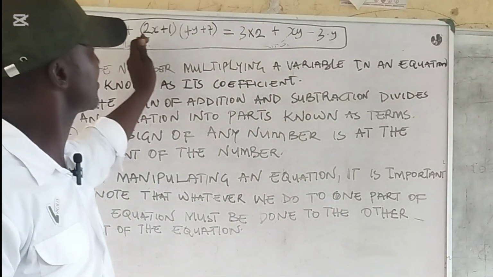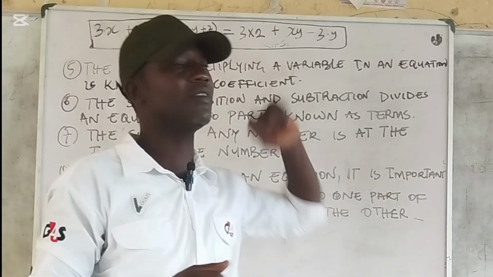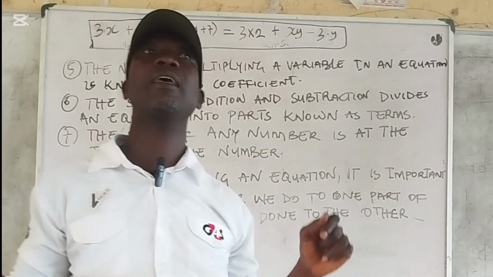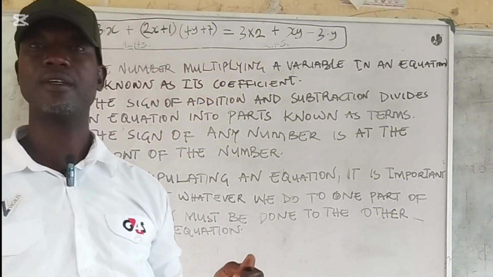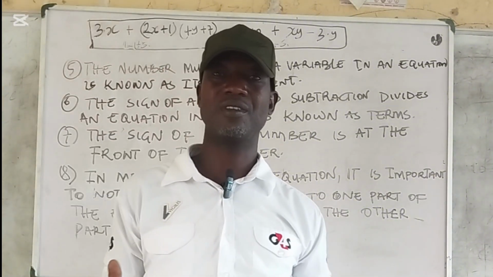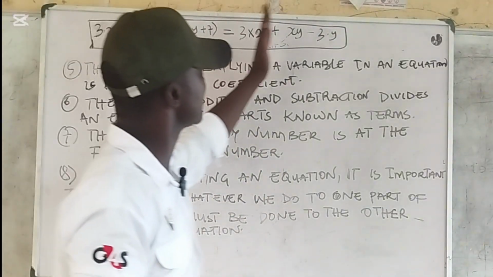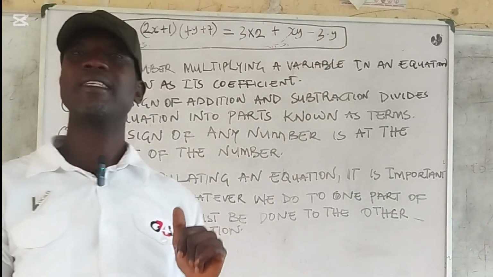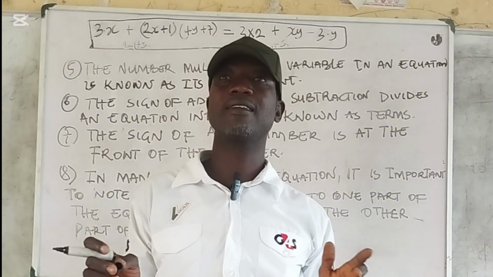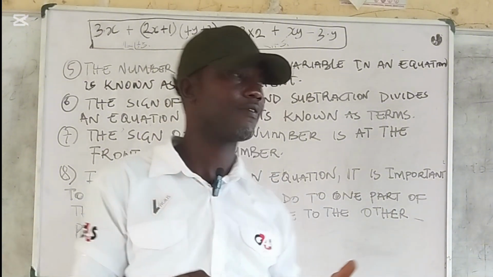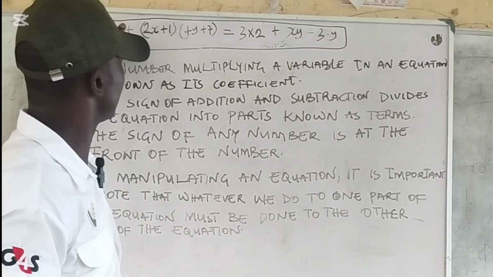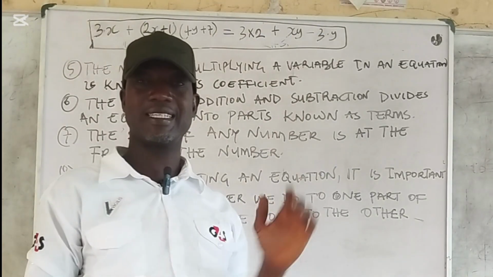Whatever you do to the left-hand side of the equation, you must do to the right-hand side. For instance, if I say add 20 to both sides of the equation, you must add 20 to this side and you must add 20 to the other side. If I say divide both sides of the equation by 5, I must do the same to this side and the same to the other side.